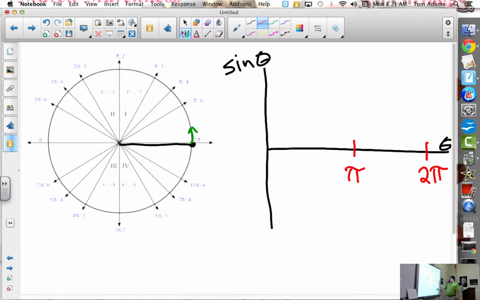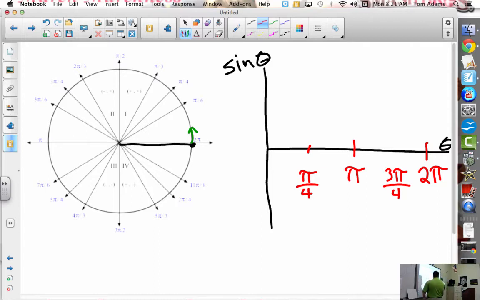And so this would be pi, and right here would be pi over 4, and right here would be 3 pi over 4. Okay? And so at pi over 4, let's start with pi over 2.